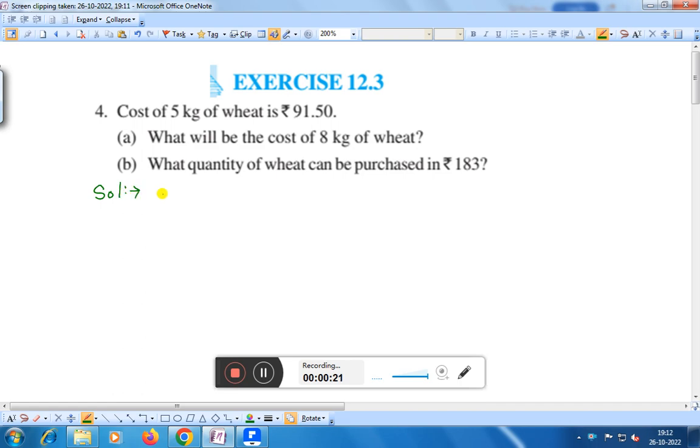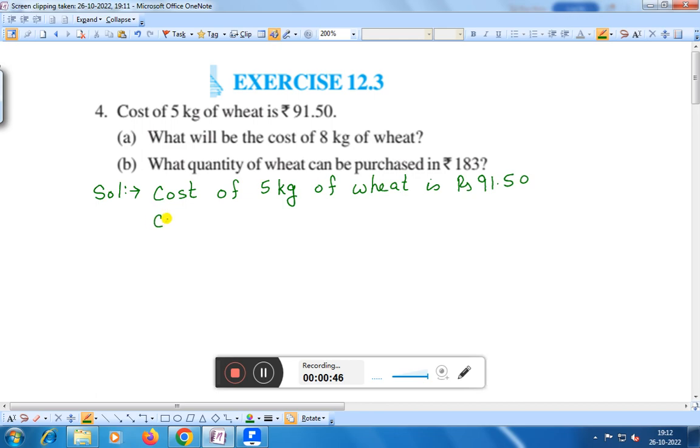That is, cost of 5 kg of wheat is rupees 91.50.